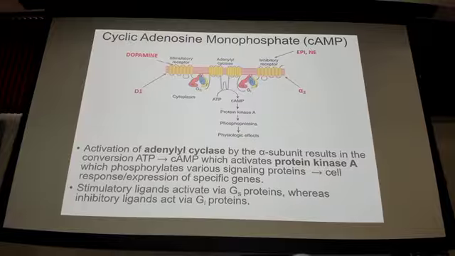Does that make sense? Yes. So if it's inhibiting that alpha subunit, is it going to interact with adenyl cyclase? Adenyl cyclase will not be activated if it's inhibitory. If it's stimulatory, that alpha subunit will activate adenyl cyclase. Any questions about that?